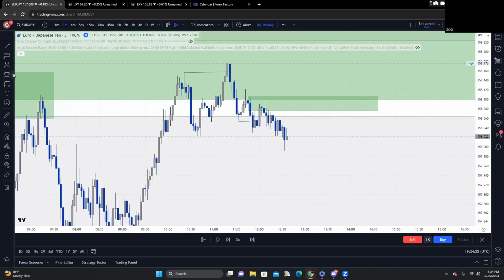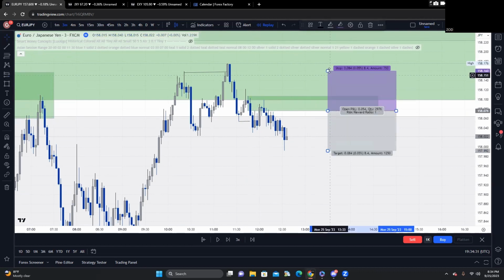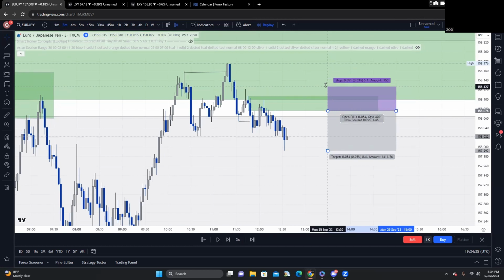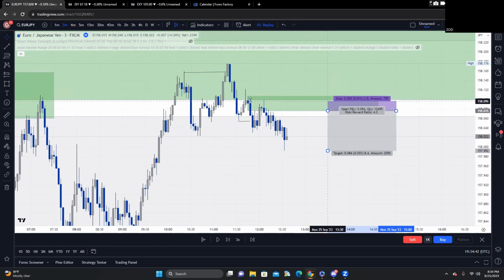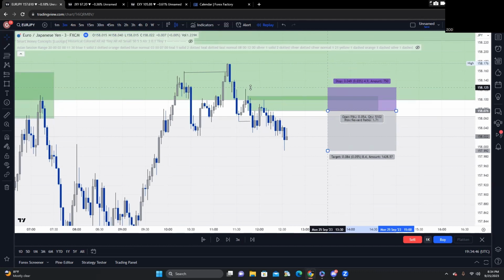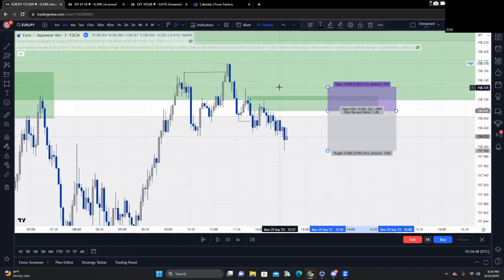So you want to put your sell from this point here. And then if you are looking for precision trading, you want to be targeting this level here, which is the top of the origin of your order block right here, right?